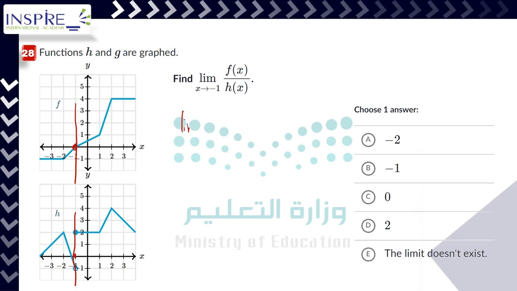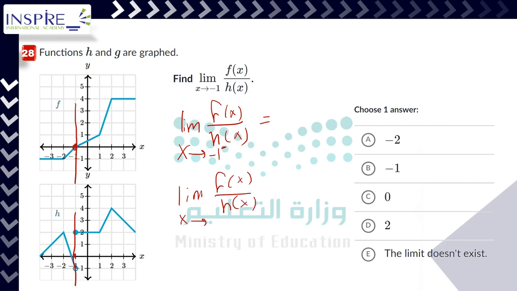Let's start with the limit of f of x over h of x as x approaches -1, but from the left side, and we get it one more time from the right side. Okay, let's start from the negative side in both functions. I will start with f here. Again, from the left side, we find it to be 0. So this is 0 over.